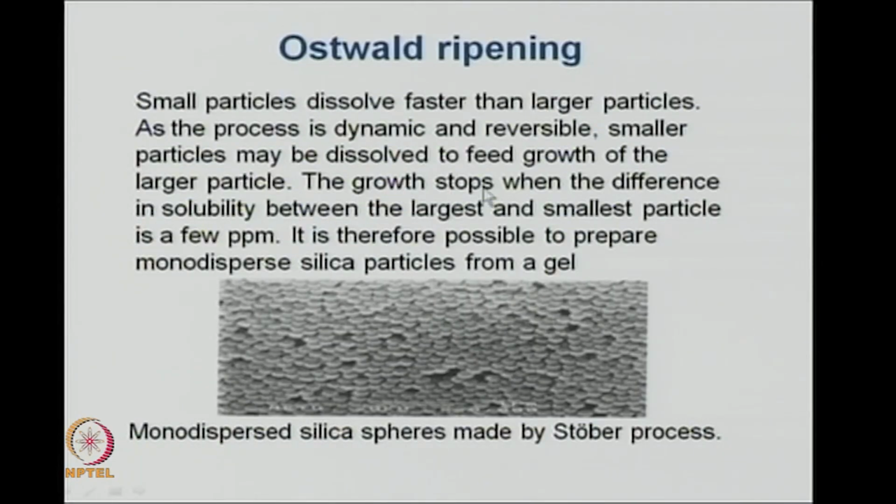The growth will stop when the difference in solubility between the largest and smallest particle is a very few parts per million. It is therefore possible to prepare monodisperse silica particles from a gel through this natural process called Ostwald ripening, which is a thermodynamic process where, if you have a statistical distribution of large and small particles, the small particles dissolve and add on to the large particles.